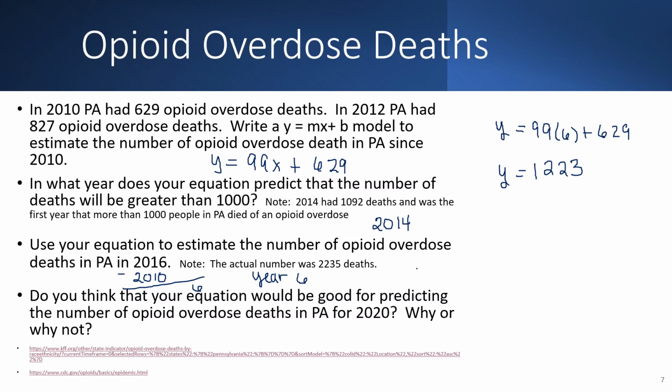But now, because this is historical data, I wanted to look at what the reality was. The actual number of deaths in Pennsylvania in 2016 was 2,235. So my prediction is significantly different than the reality. It's off by 1,000. It's barely more than 50% of what actually happened.